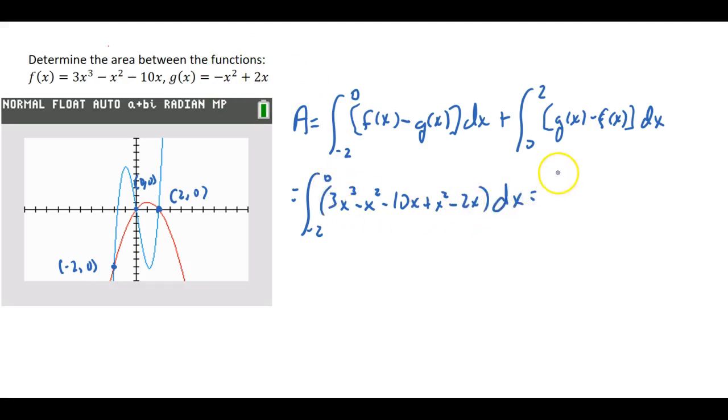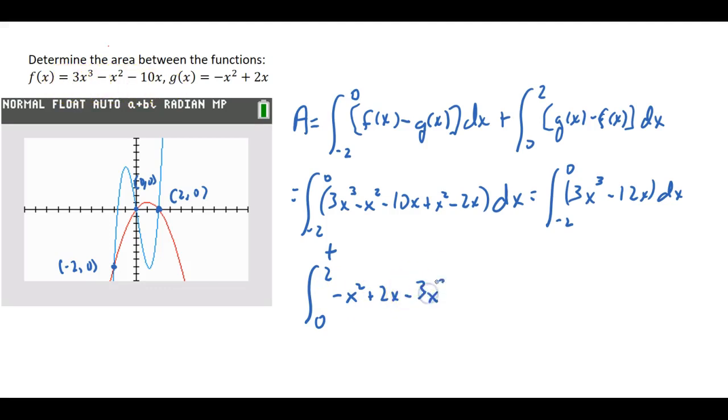dx, which works out to the integral from -2 to 0 of 3x cubed, and the x squareds cancel, and I get -12x dx, plus the integral from 0 to 2 of negative x squared plus 2x, and then I subtract all of f of x, that's minus 3x cubed plus x squared plus 10x dx, which works out to the integral from 0 to 2 of negative 3x cubed minus 12x dx.